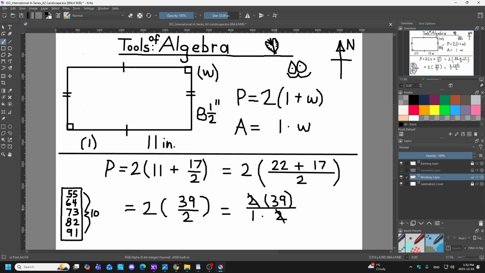We can divide the numerator by the denominator. 2 divided by 2 is simply going to equal 1. Any value multiplied by 1, you're just going to get the same answer. I instantly recognize this as a numerator, that's my denominator, and we can do this because we are multiplying. I am left with 39 inches.